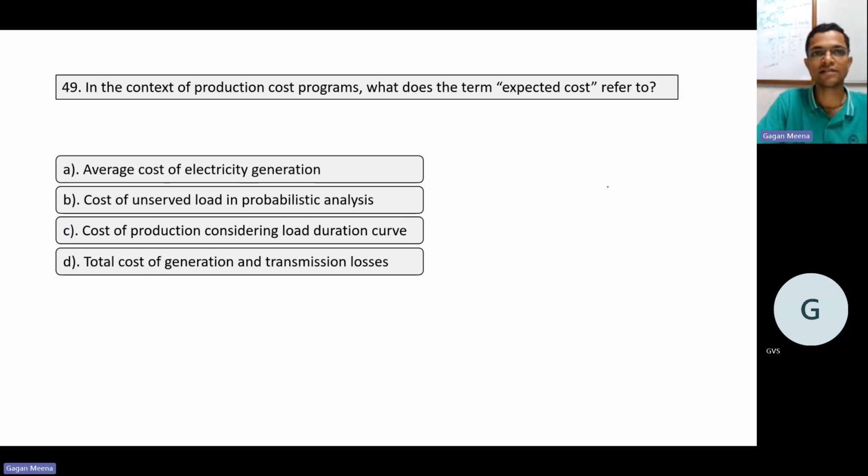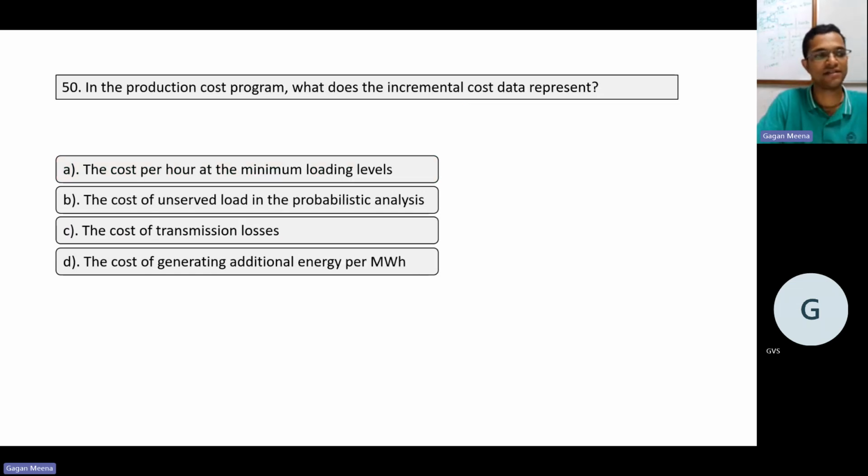In the context of production cost program, what does the term expected cost refer to? Average cost of electricity generation, cost of unserved load, in the probabilistic analysis, cost of production considering load duration curve. It is the average cost. Expectation refers to the average in probability. So this is the average cost of electricity generation.